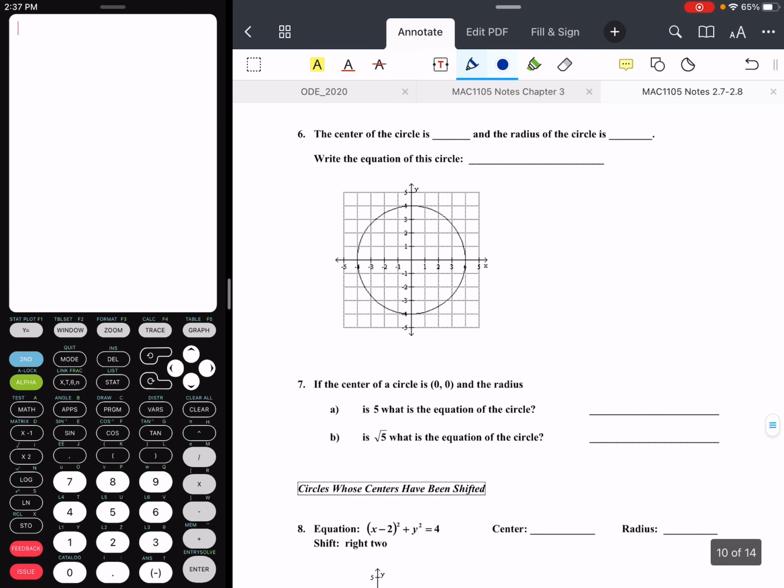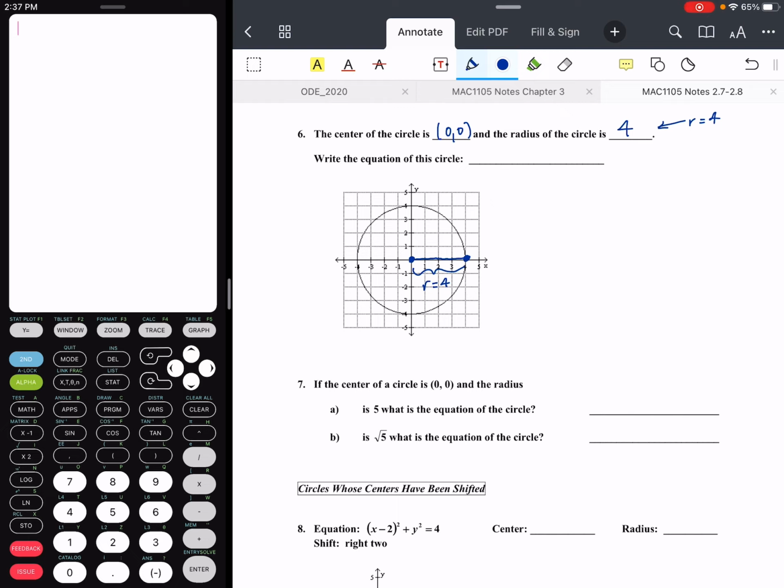Looking at number 6, I can see that the center of the circle is 0, 0, centered at the origin. And the radius of the circle, if I go any direction, how about I just go straight to the right, I can see that the radius is 4. So the radius r equals 4.